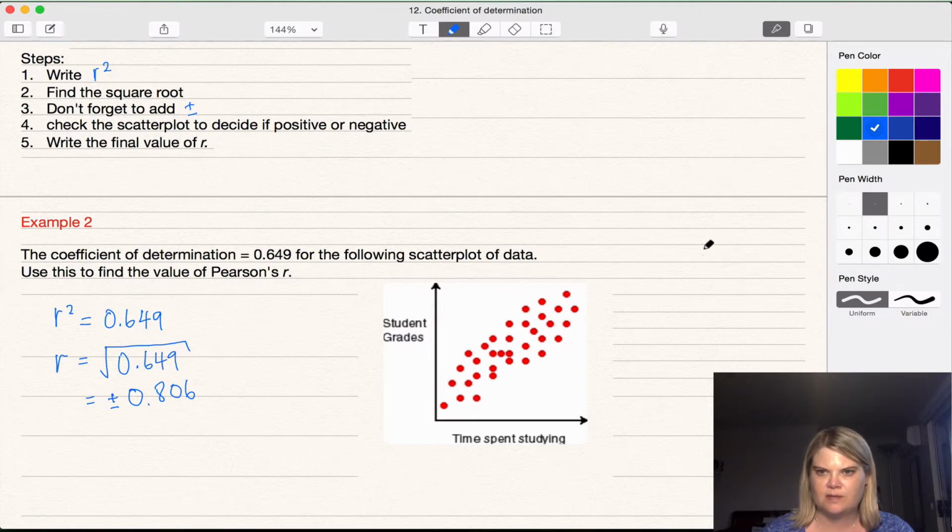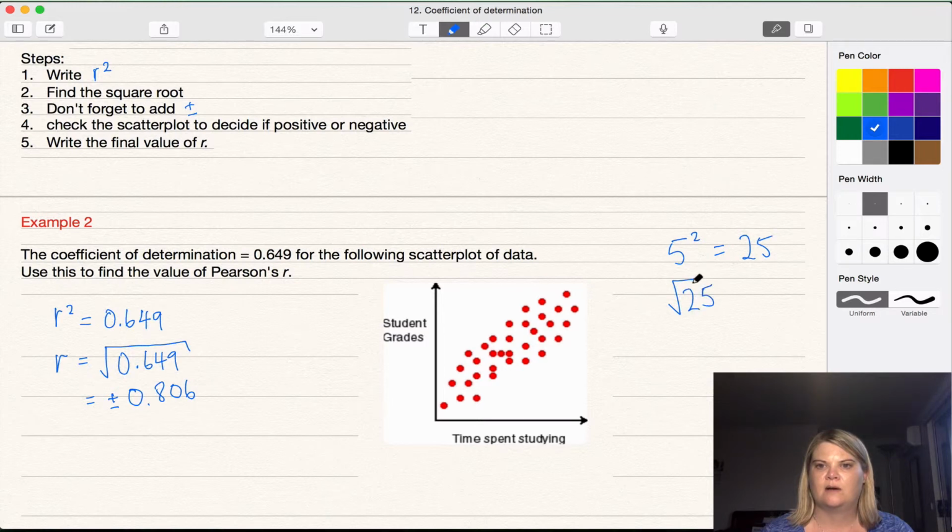Now I've put the plus or minus there because when we are square rooting a number, let's just take us back for a moment. 5 squared equals 25. So the square root of 25 equals 5. But negative 5 squared is negative 5 times negative 5. Negative times a negative is a positive, so that would be 25 as well.